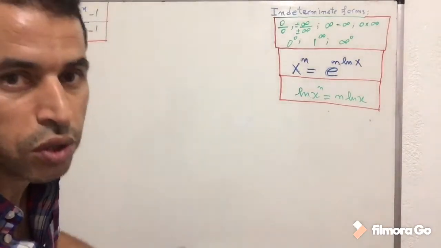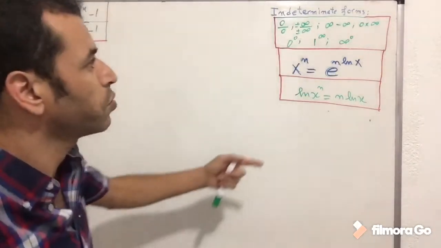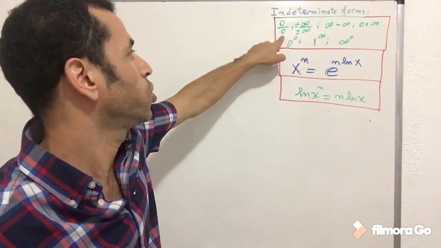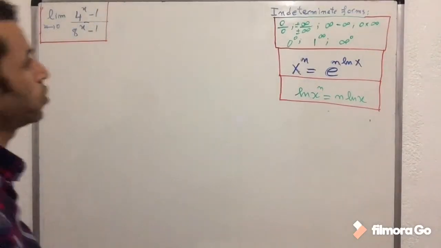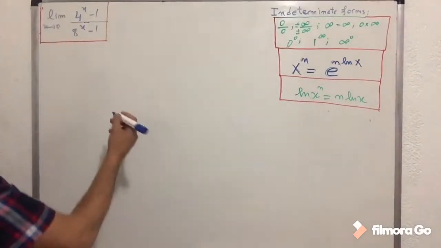So we get 0 over 0. This is an indeterminate form, so we are going to change to another way to solve our limit.